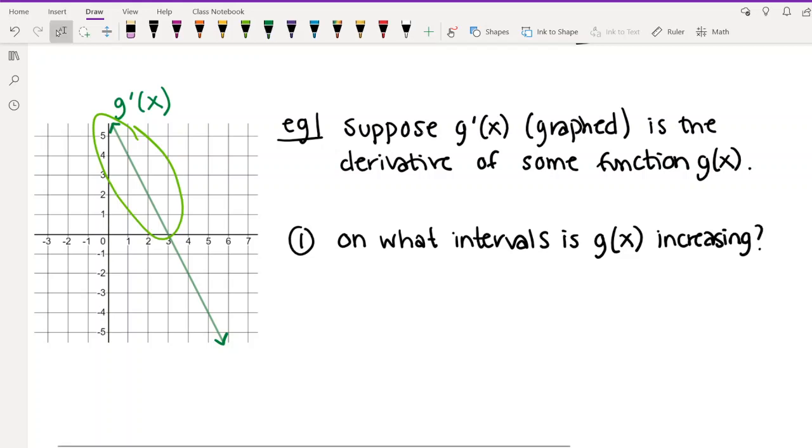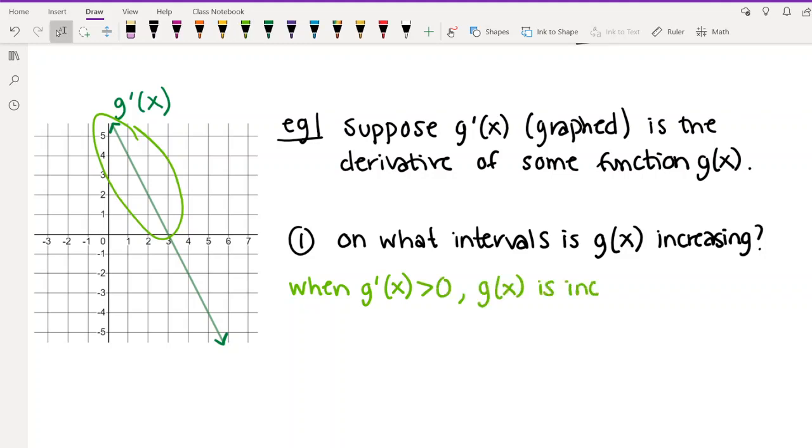So let me summarize that. Basically what we just said is that when g prime of x is positive, g of x is increasing. And so on what intervals is this derivative function positive?